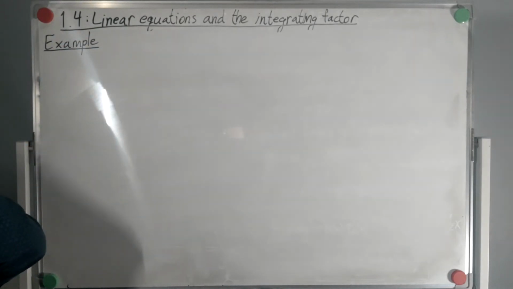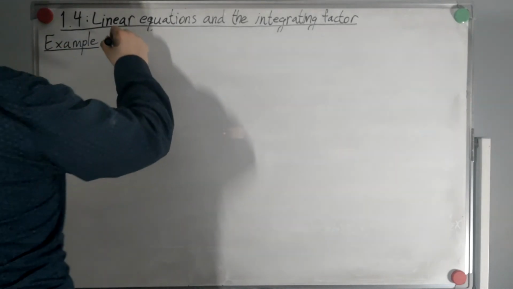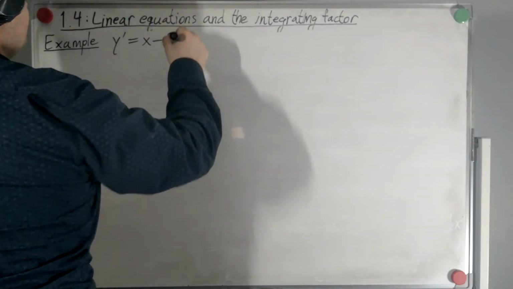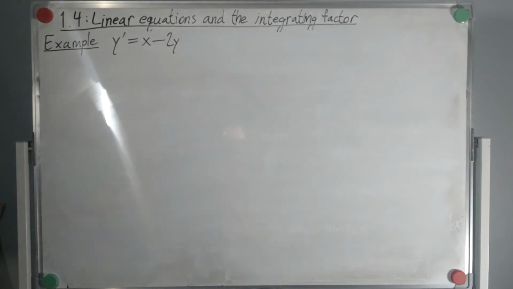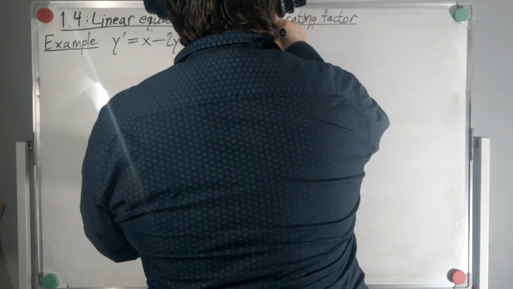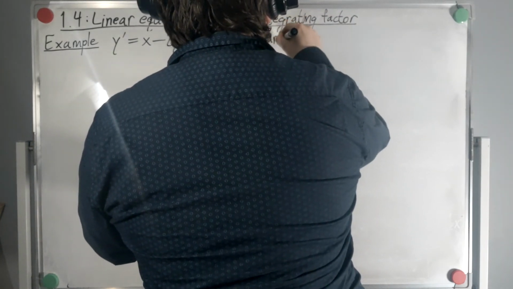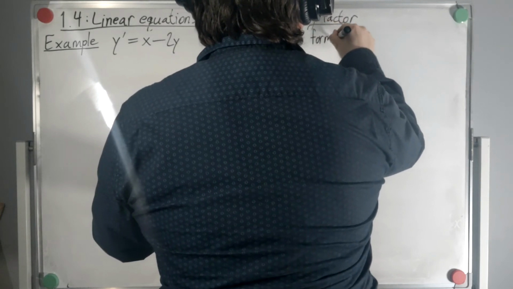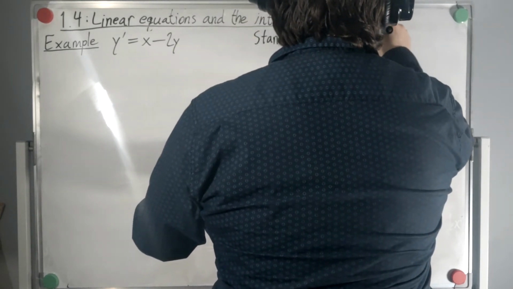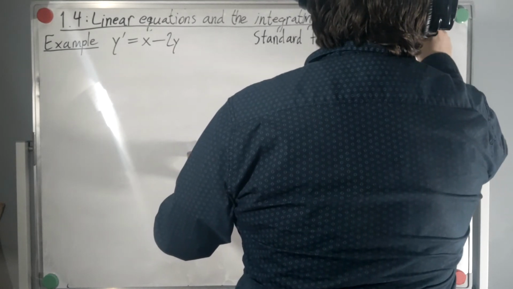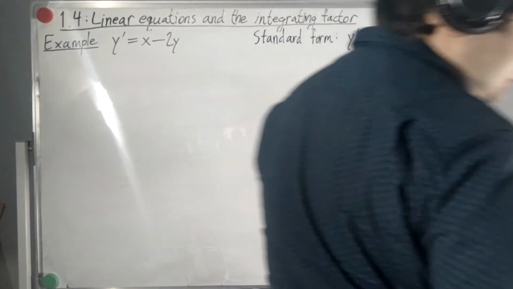Let's suppose we're trying to find the general solution of y prime equals x minus 2y. Again, I shouldn't have erased the standard form, but the standard form is y prime plus a function of x times y equals another function of x.